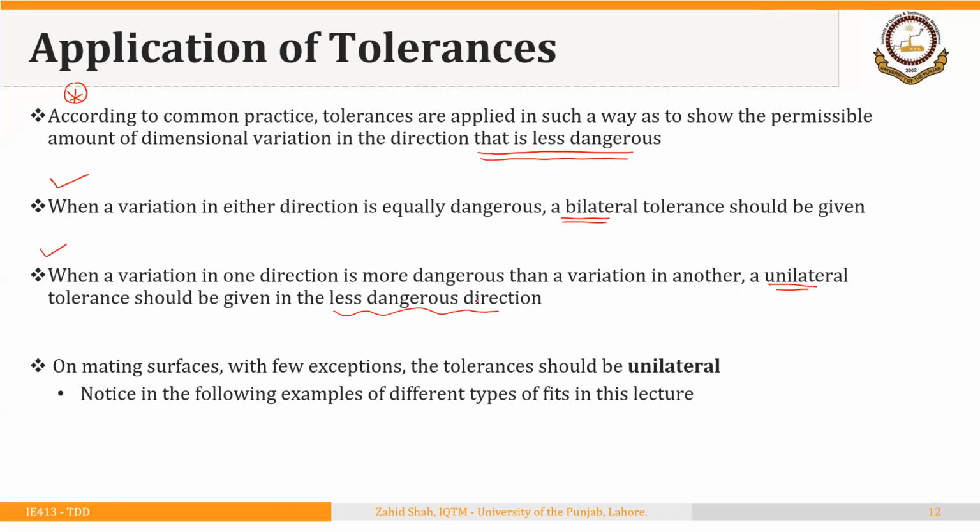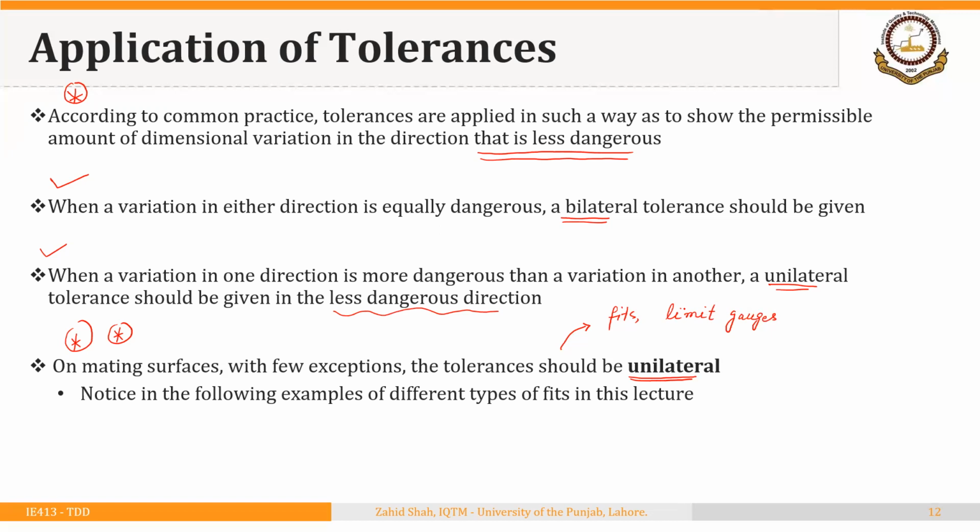So on mating surfaces, with few exceptions, the tolerance should be unilateral. So that is a basic rule of thumb, basic conclusion. On mating surfaces, with few exceptions, the tolerance should be unilateral. And the two examples of mating surfaces that we are going to discuss, as I have repeatedly mentioned, are fits and limit gauges, because we are actually joining two parts together in a way.